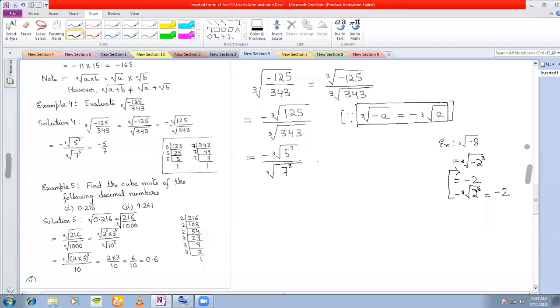It is better to memorize that table. So you have this as minus 5 and this as 7. We can remove the radical, it becomes minus 5 by 7. So I hope this is clear, or any questions? Fine. Then let us continue with the next one.